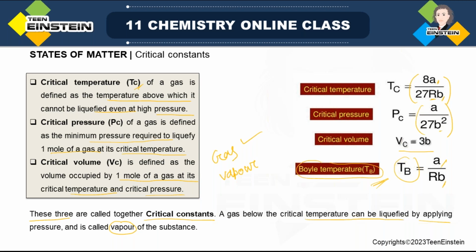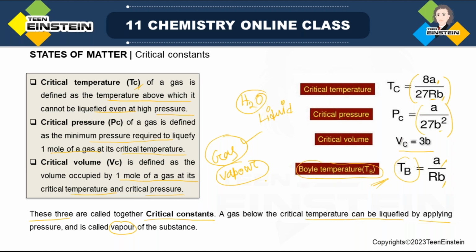But under normal condition they are gaseous. But you will use the term vapor only for those substances which are not gaseous under normal condition. For example, water. Under normal condition, it is liquid.